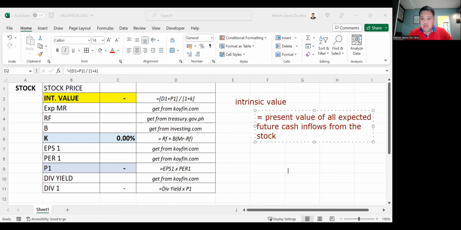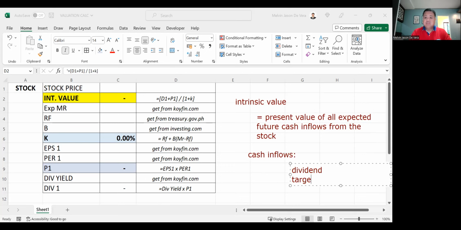So what are basically the cash inflows that you expect? First, you will have a dividend. You expect a dividend, and there will be a target price.